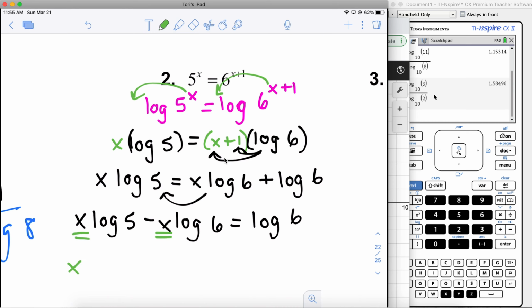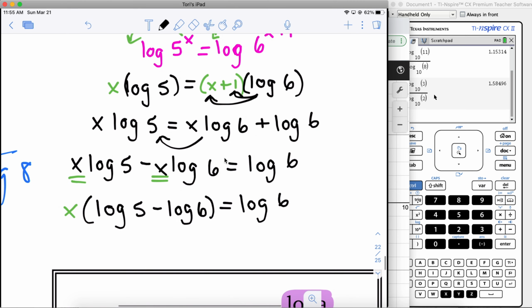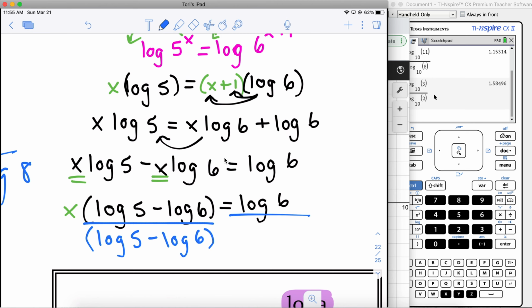I'm going to pull him out, just like a GCF. x times log of 5 minus log of 6 equals log of 6. And I know this is getting a little spicy and a little bit long, but now that I have him by himself, that x isolated, now I can divide this. So divide out log of 5 minus log of 6 underneath both of these.